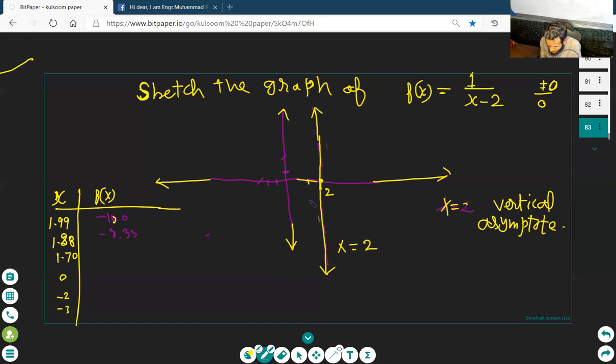1.88 minus 8.33. 1 divided by 1.99 minus 2.